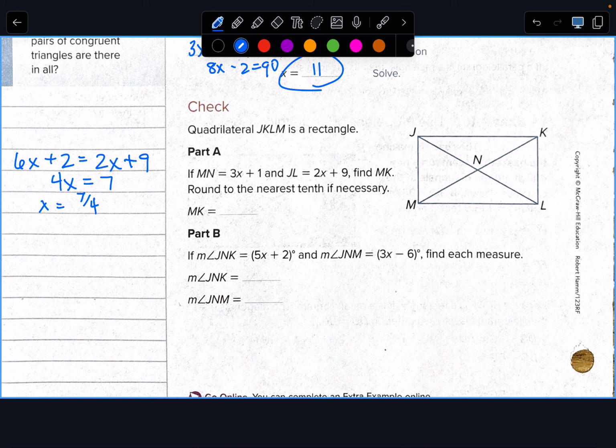Yeah, do part B too. What is MK if X is 7/4? 12.5. If you got 6.25, you found MN, and I would like MK.